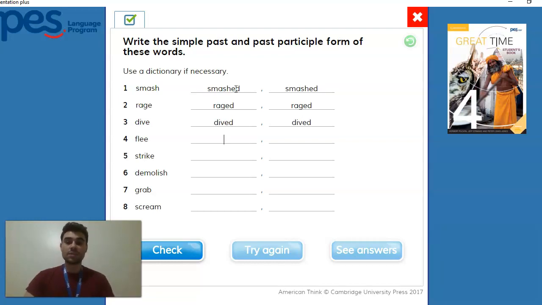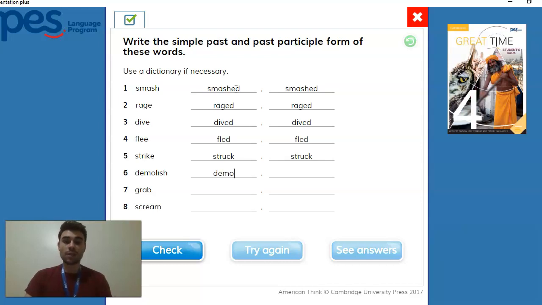So dived and dived. Then we have flee, and the simple past and past participle are fled. Then we have the verb strike, which the simple past is struck and the past participle is also struck.